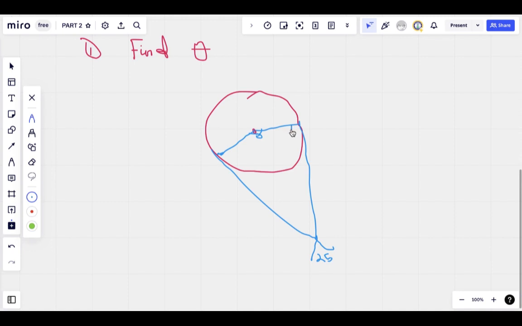And then they didn't put anything here, but we know a tangent and a radius is 90 degree. One of the rules, a tangent and a radius is 90 degree. So I already know here is 90, here is 90, here is theta, and here is 25. And if this outside angle is 25, the inside angle will be what?